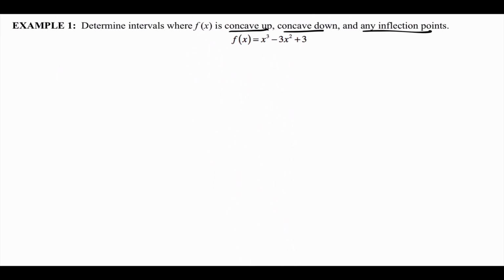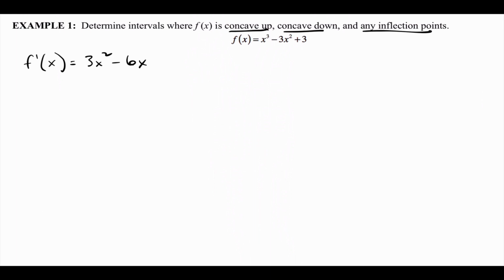So the first thing we have to do is find the second derivative. To do that, we have to find the first derivative. For the first derivative, we're just going to use the power rule: 3x squared minus 6x. The derivative of 3 is just 0.